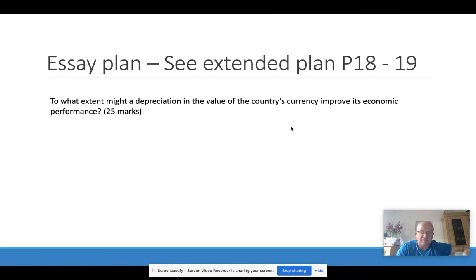So if we have a change in aggregate demand caused by this policy, how is that change in demand going to affect other major macroeconomic objectives like inflation, economic growth, and unemployment? So considering those would clearly be a very good way to go.